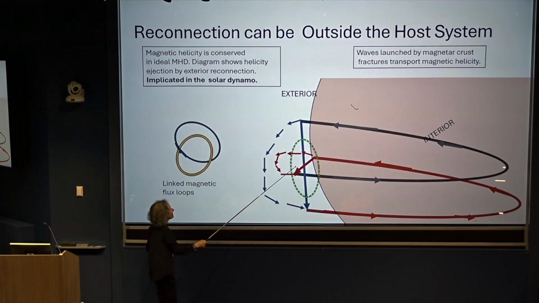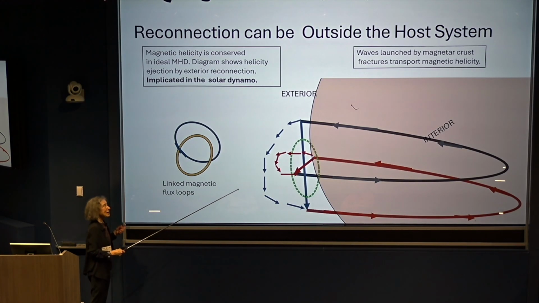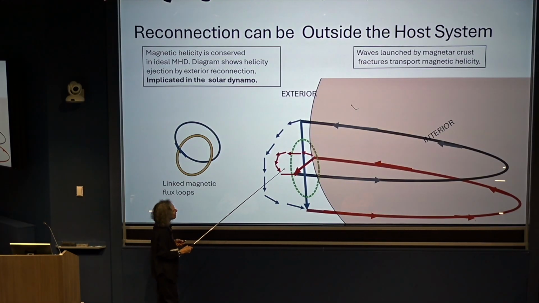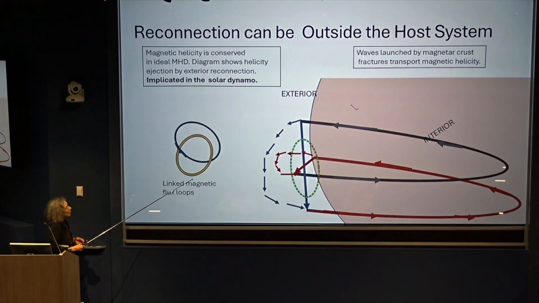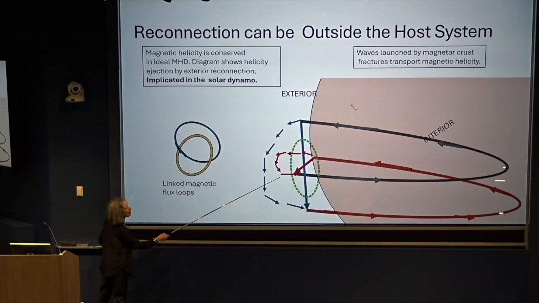And now I've just taken the twist, fold, and snip picture and turned it on its side using the miracle of PowerPoint. And now you can see that the magnetic reconnection will occur outside the star, in the magnetosphere in this case. What this does is it ejects so-called magnetic helicity from the system.